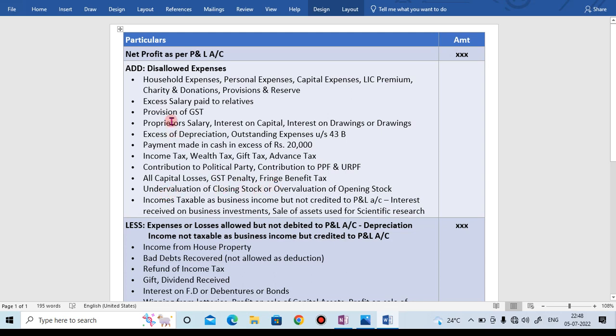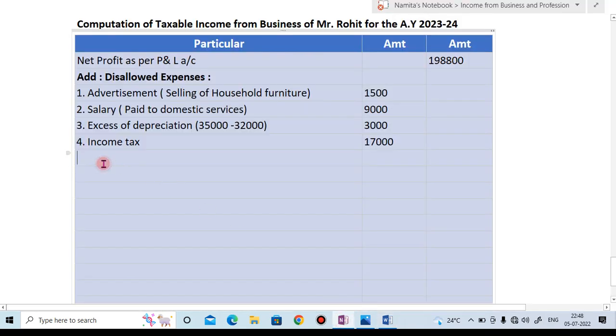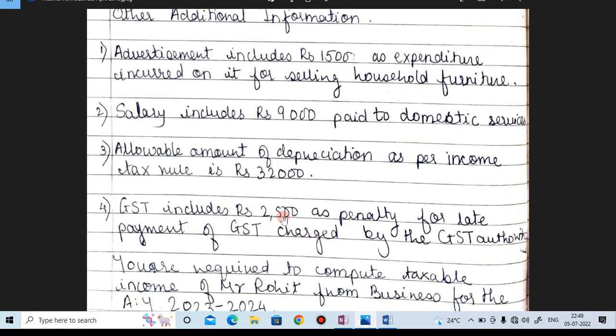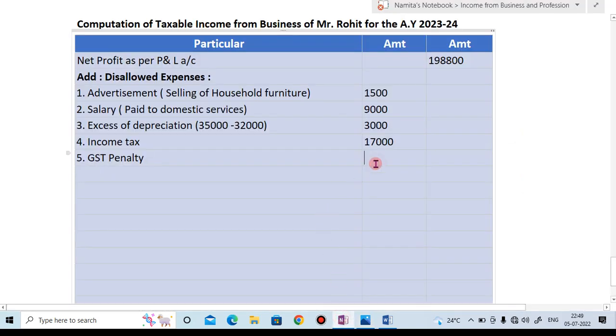So check the format, disallowed expenses, GST penalty is there. So next will be GST penalty, rupees 2,500.